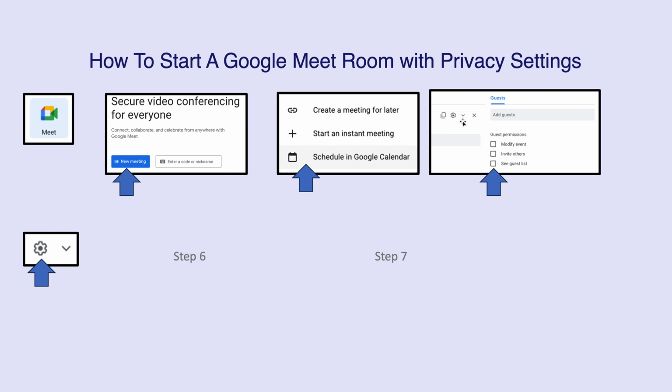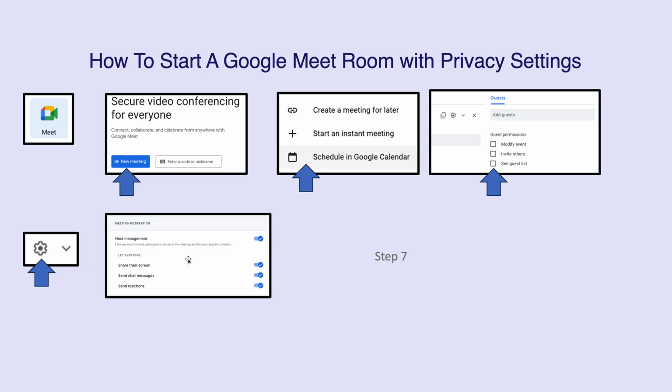Now, this right here, you're going to want to click that. And then you just want to verify that there is host management. It's always better to just verify that everything is on.